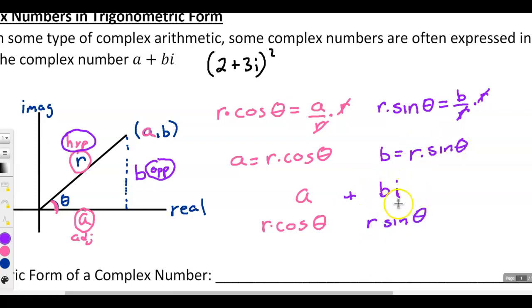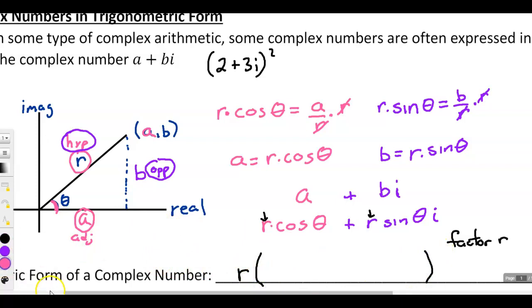Now don't forget we have this i over here floating just to remind us that this is the imaginary part. And you'll notice that we have an r in both of those. So if we factor the r out, just take that out, we end up with this r in front.